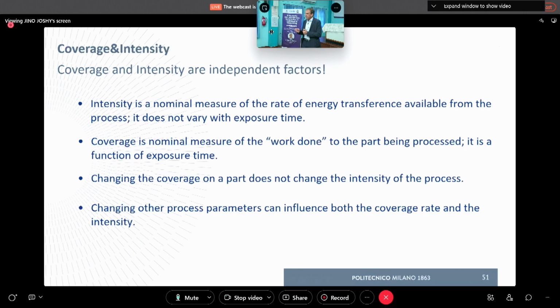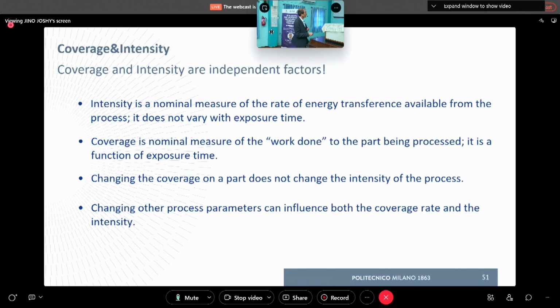The coverage is a nominal measure of the work done to the part processed. It's a function of the exposure time. The changing of the coverage on a part does not change the intensity of the process. If we use coverage of more than 100%, this does not mean that the intensity is also changing. It remains the same.